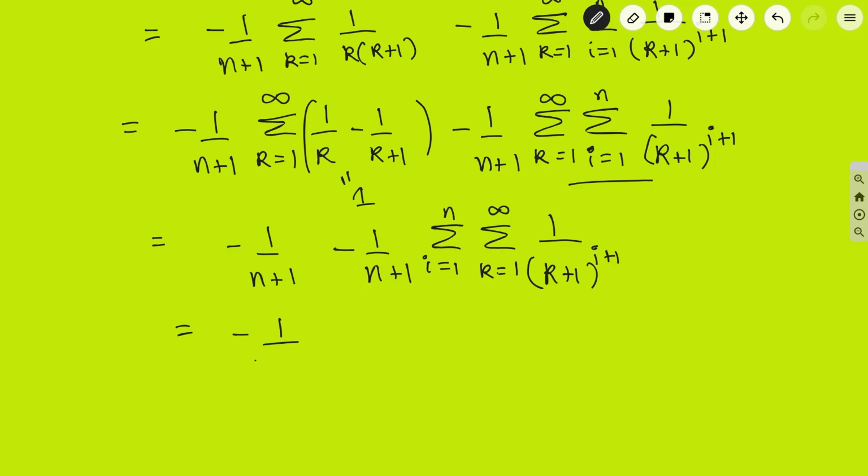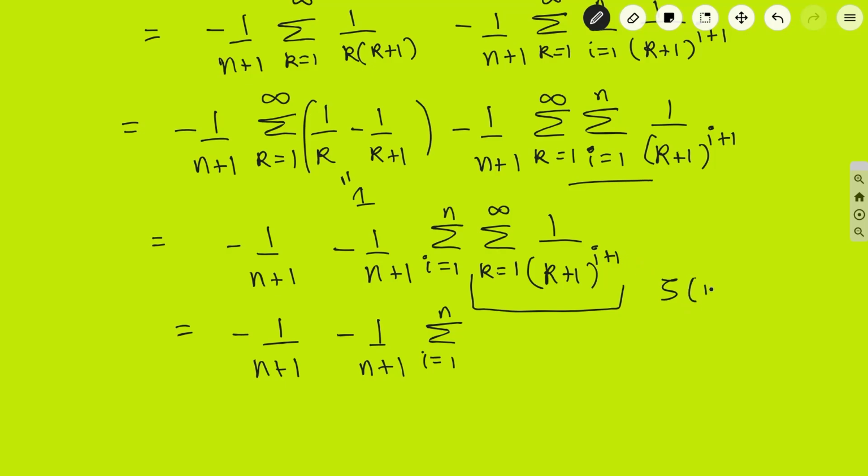So you have minus 1 by n plus 1, minus 1 by n plus 1, and you have this thing here, summation i from 1 to n. Well, this thing is interesting because it's the Riemann zeta function, right?